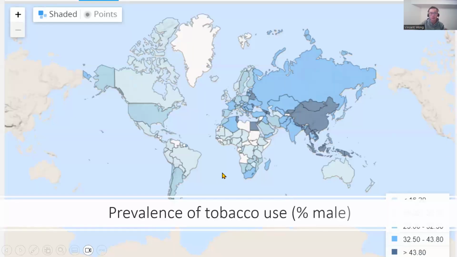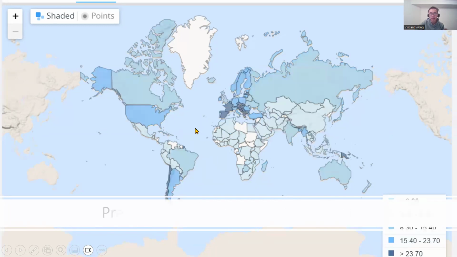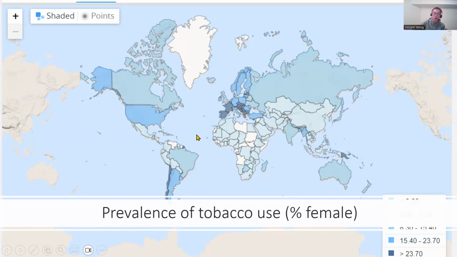This graph shows you the prevalence of tobacco use in males. The darker the color means the more people smoke in those places. And it's very prevalent in some of the developing countries. There's a similar pattern for females. Overall, more males tend to smoke than females, but in terms of distribution of where they smoke, it's a little bit different.